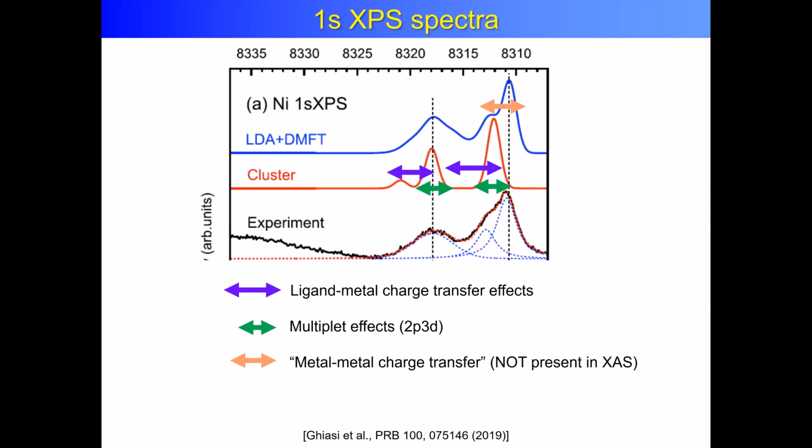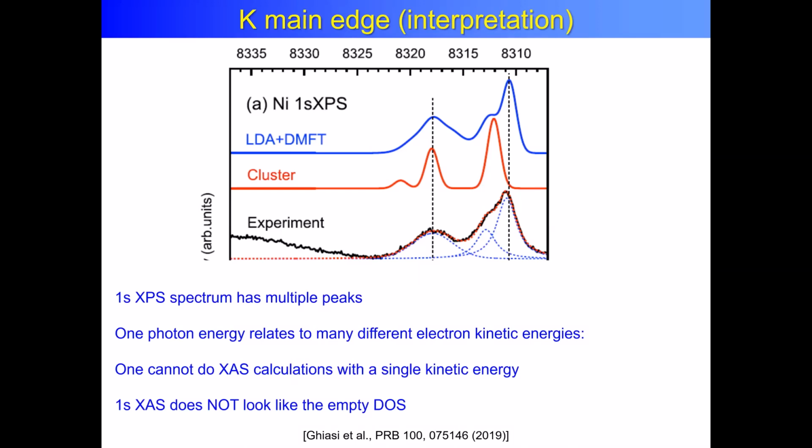If you want to read about it, you can read the reference from Manas Giyashi, published last year. But now I will discuss the effects of this on X-ray absorption, and you can already see what's going to happen. We have a problem because the 1s XPS spectrum has multiple peaks. So independent of exactly the nature of the peaks, it's obvious that there are many peaks.